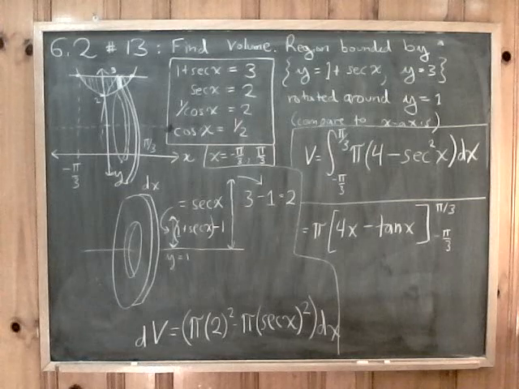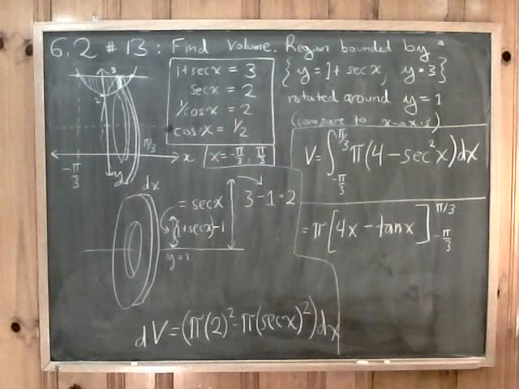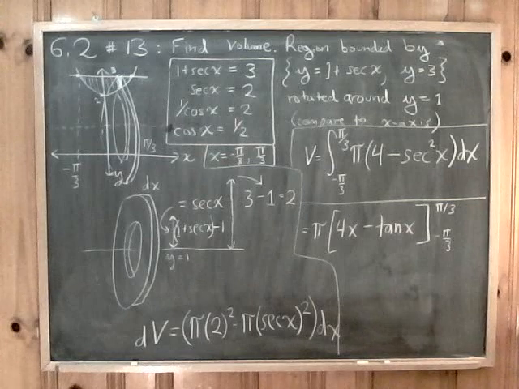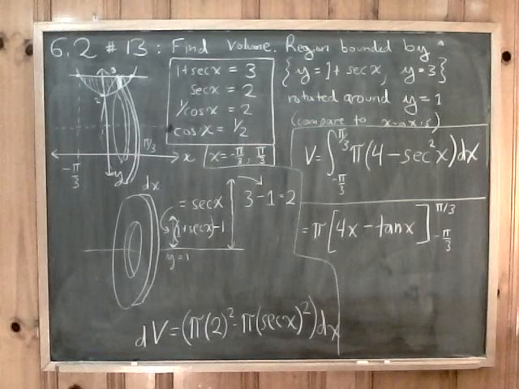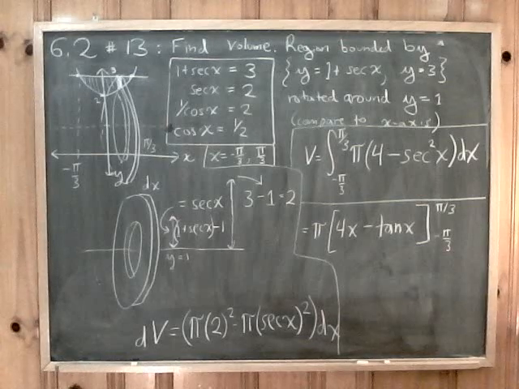And for negative pi over 3, the sign will also be negative, negative square root of 3. I think I'll work the rest of this on paper though, because I'm running out of space.